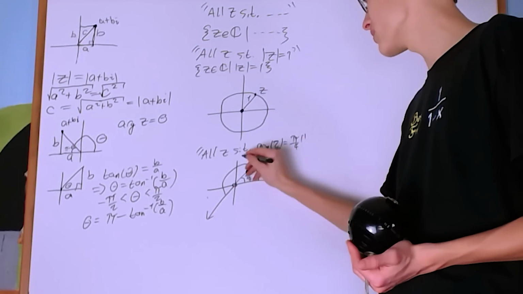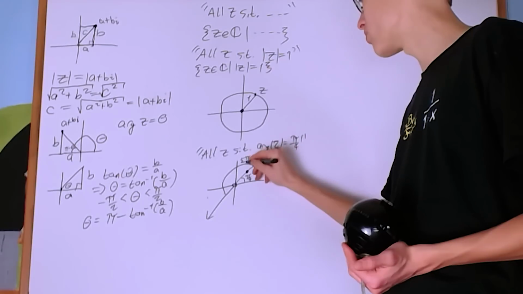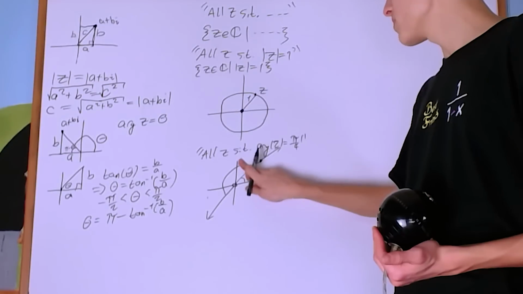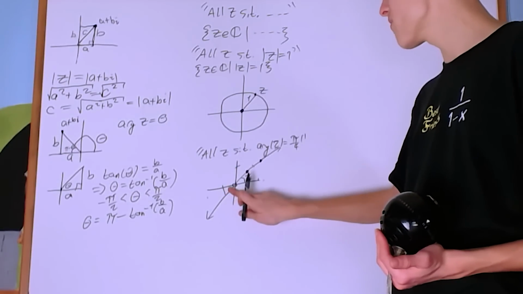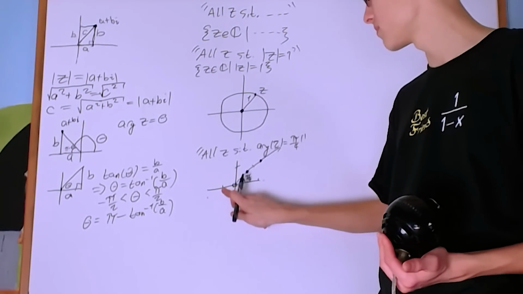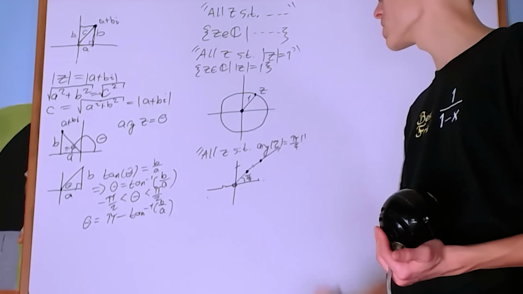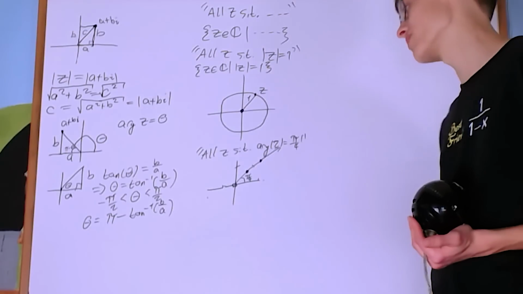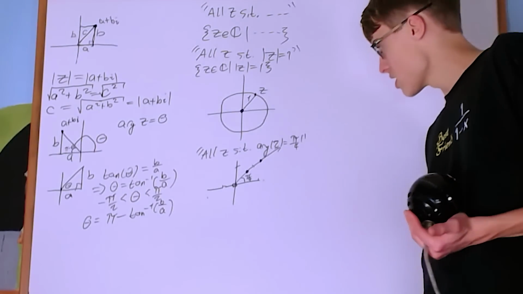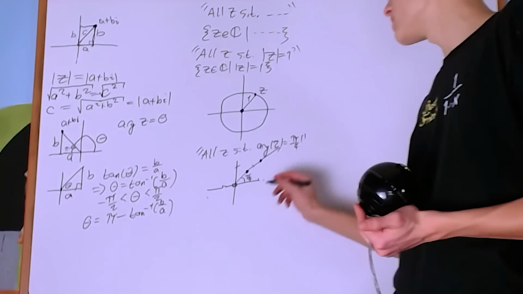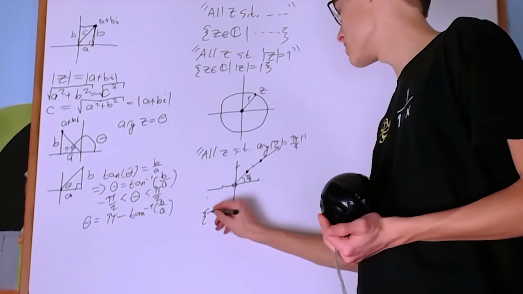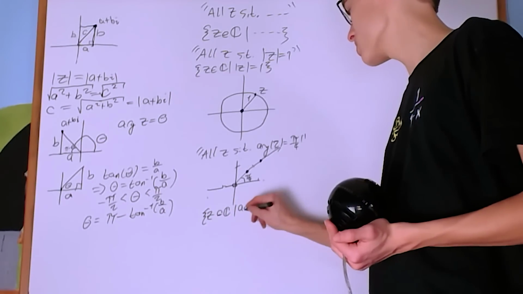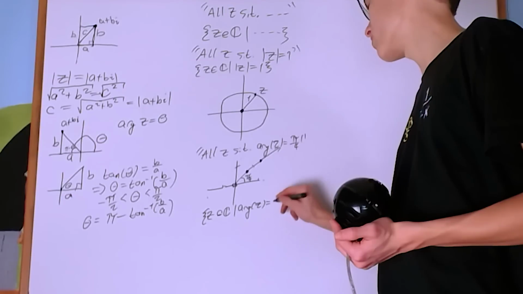It'll actually have an angle of 5 pi over 4 instead of pi over 4, meaning that we have to get rid of this portion of the line. And then the origin doesn't have an argument, because you'd do 0 divided by 0, and that's not alright. I could have written this in set builder notation as the set of z, an element of the complex numbers, such that the argument of z is equal to pi over 4.